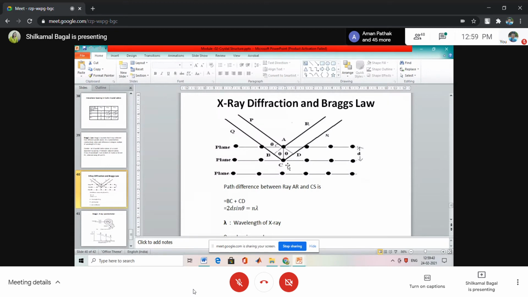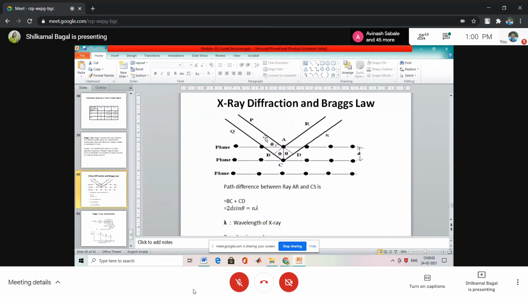Now refractive index 1 means what? It means there will be no change in the velocity of X-rays in air as well as in a crystalline solid. Why is it so? Because X-rays have penetrating power.